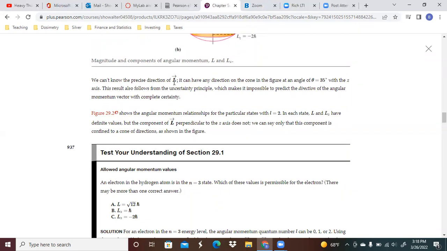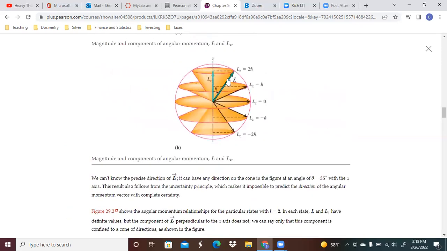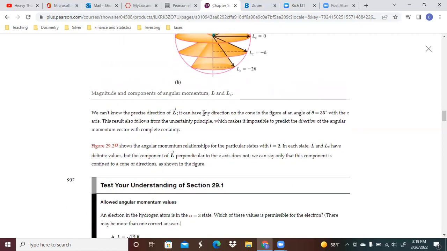So we don't know the precise direction of L. It can have any direction on the cone there in the figure of angle 35 degrees. So it could be anywhere on that particular cone. This result also follows from the uncertainty principle, which makes it impossible to predict the direction of the angular momentum vector with complete certainty.